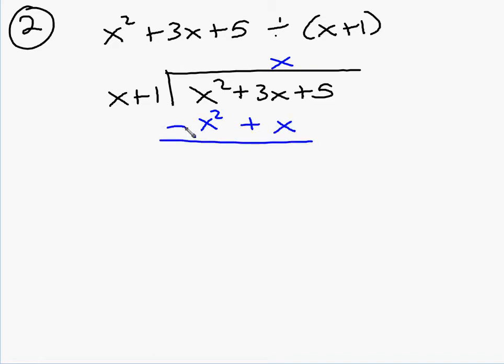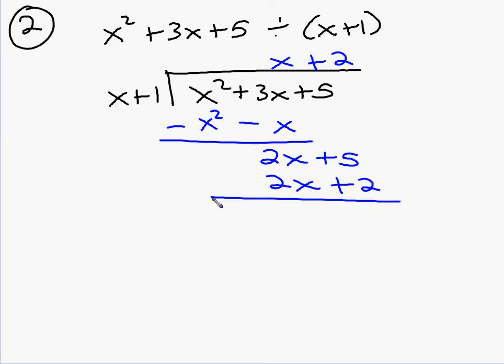Then I need to change my signs to a minus and a minus. Makes this 2x plus 5. Then I would have a plus 2, distribute that through, and I have 2x plus 2. Change my signs to a minus and a minus. And on this one I have a remainder.